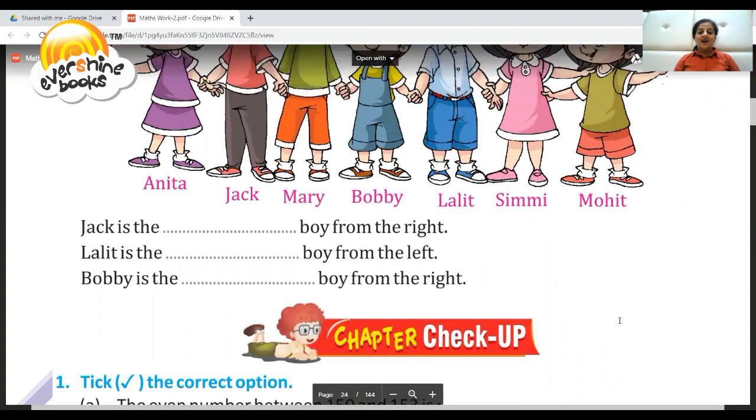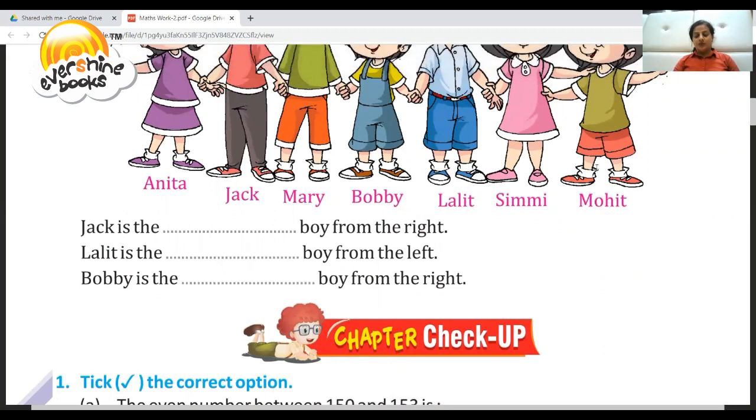Jack is the dash boy from the right. Just see here, where is Jack? And from right, what is the position of his standing?